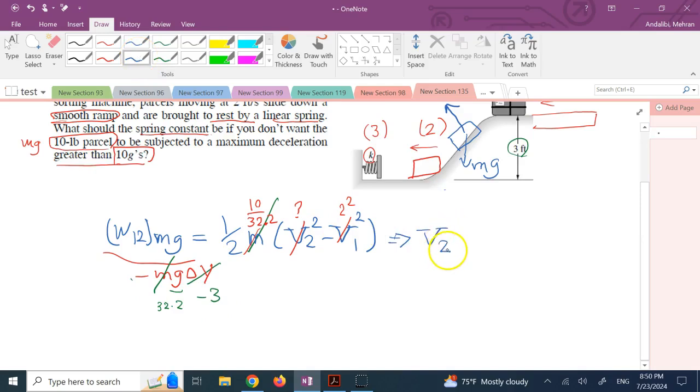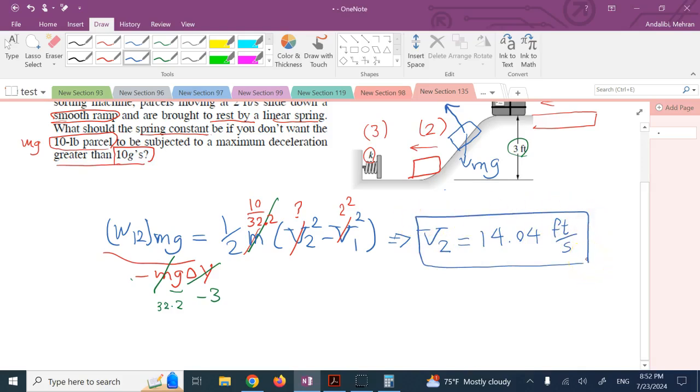If you solve for v2, you get 14.04 feet per second. This is how fast the object is moving down the ramp here.